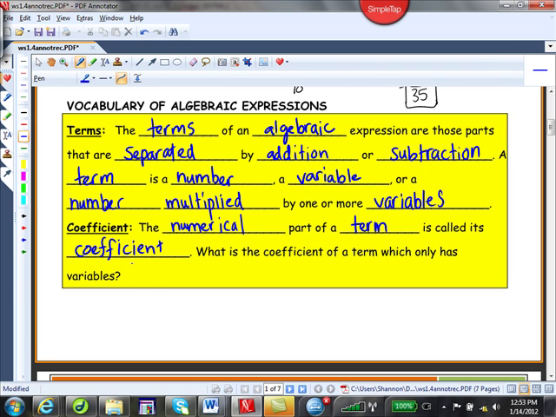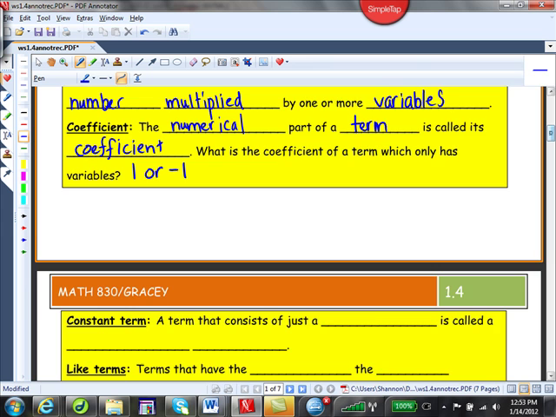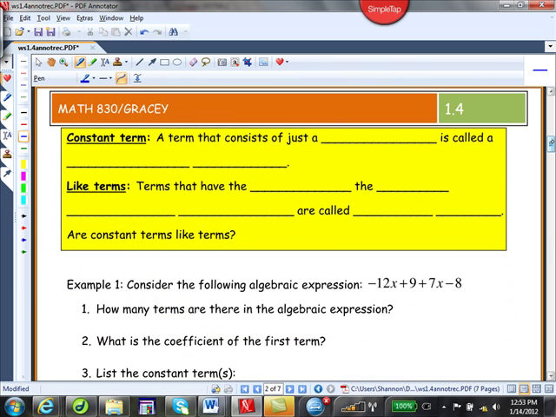It would be 1 or -1. Very good. All right. Next up, we have constant term, a term that consists of just a number, no variables at all, is called a constant term.